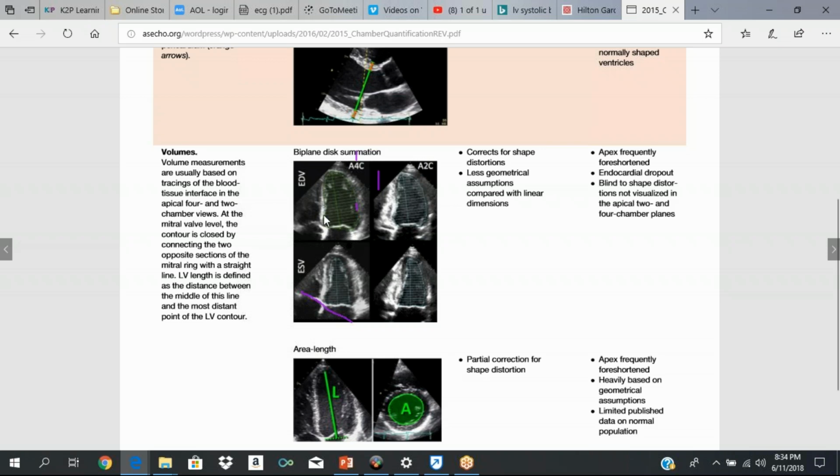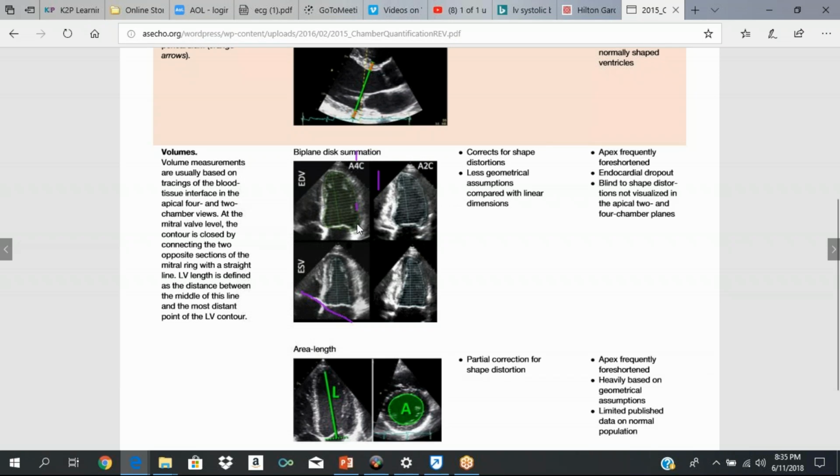You do not go around trabeculations and do funny things. You're tracing the endocardial border. It should be a smooth, nice trace. Do not go around the chords.